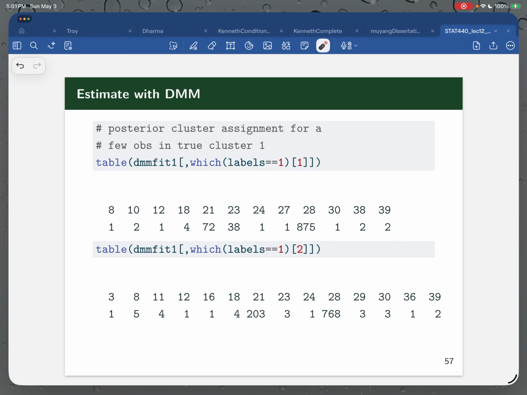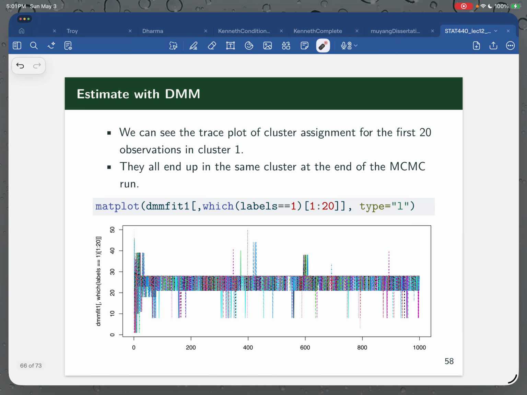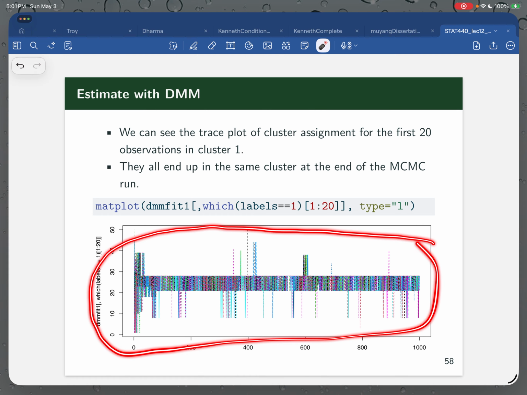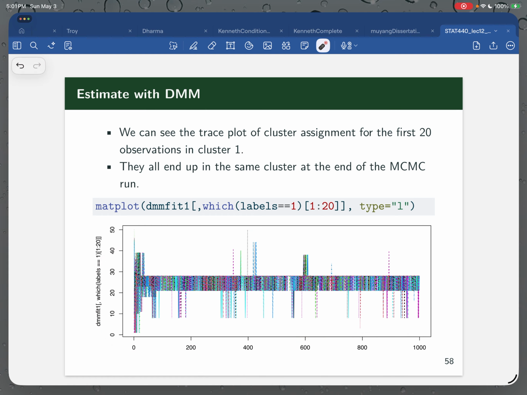This other point also ends up there, but maybe it bounces back and forth a bit more between 28 and 21. And you can see that the points that were originally in cluster 1, because that's what this is tracing, don't all end up in the same cluster.